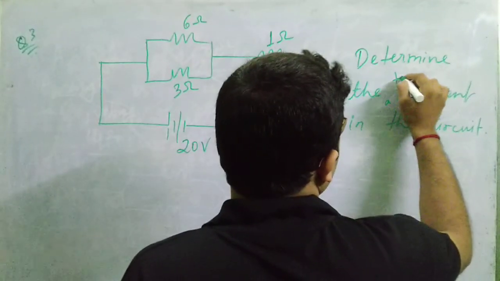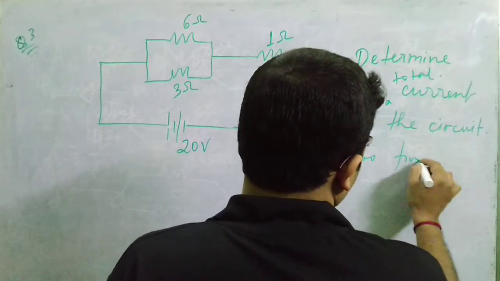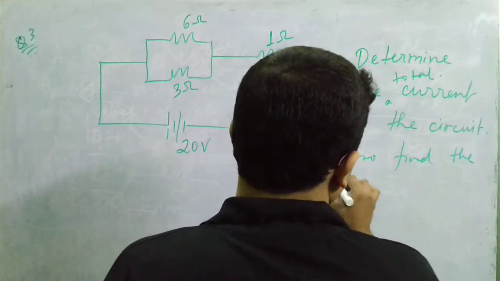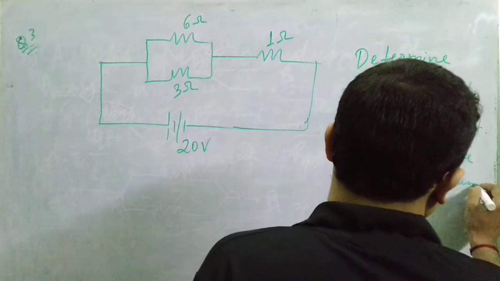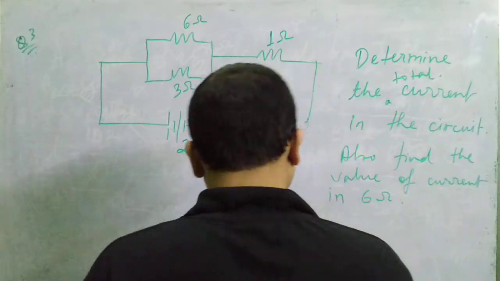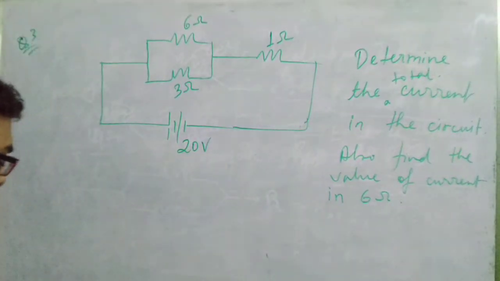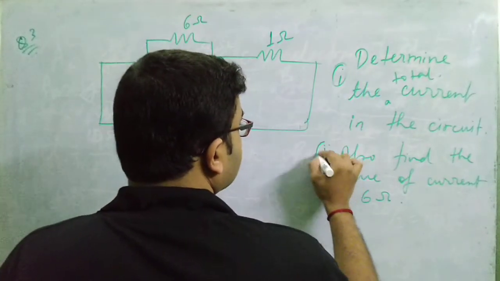So I can get the total current. Also find the value of current in 6 ohm. Okay, so this is the question. So there are two parts. This is the first part, this is the second part.